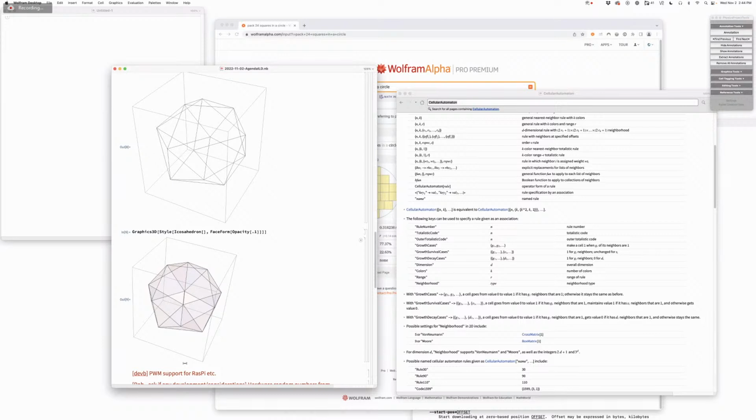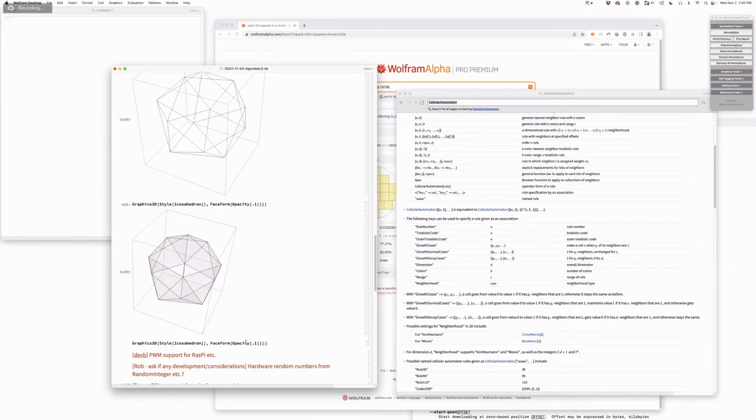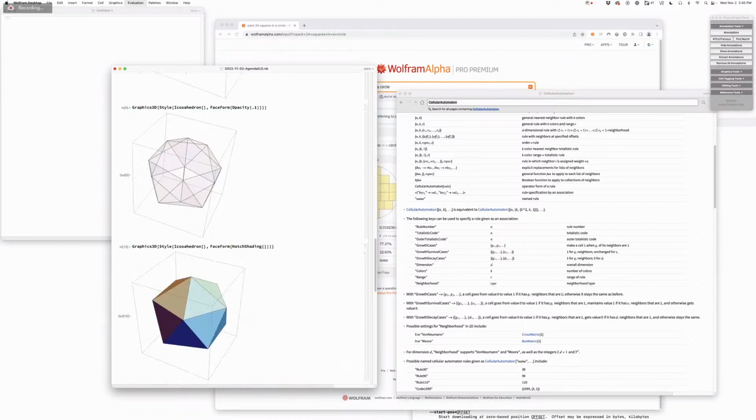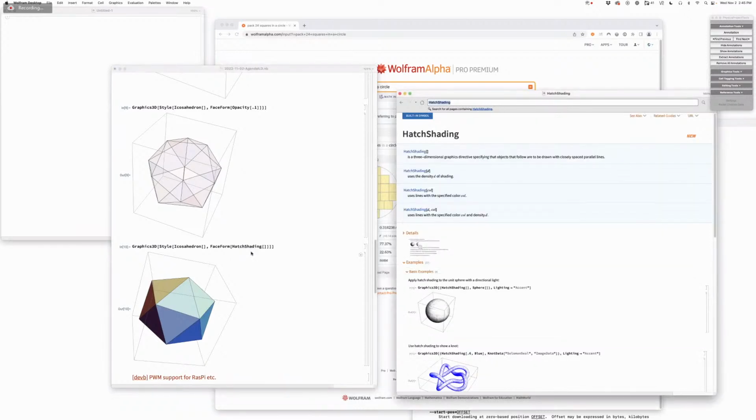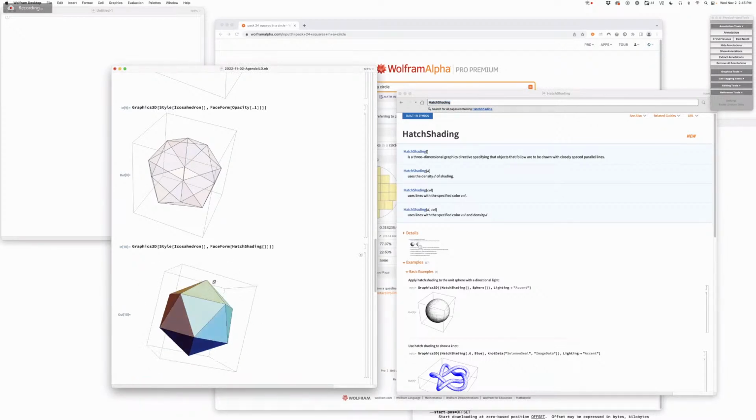I wonder if I can do something like, what am I doing here? Hatch shading. That's not very useful. Why didn't that work? That looks terrible. That's probably just rasterized. I mean, try reevaluating it. Yeah, but why didn't this work? Where are my parallel lines?